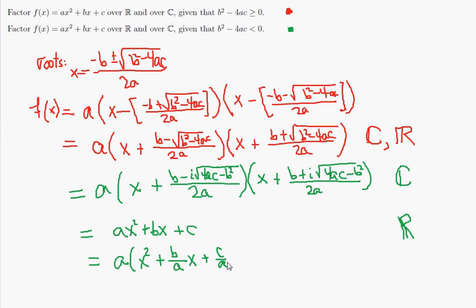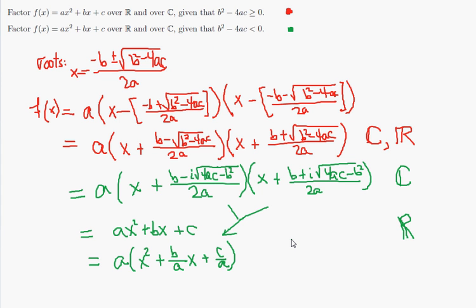But if you were to multiply these two terms in green together, they would form exactly that, x squared plus b over a x plus c over a. And I'll leave that for you as an exercise to check that if you multiply these two things together, you indeed do get x squared, x times x gives me x squared, plus b over a times x plus c over a.